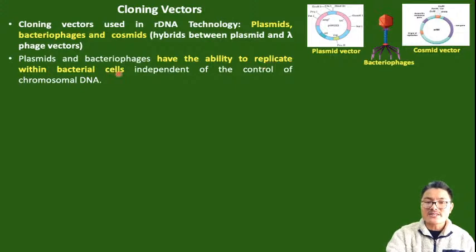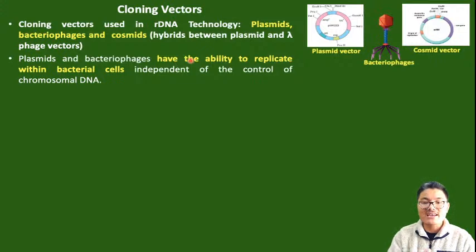In the case of plasmids, these are native small circular DNA. They are present within the bacterial cell earlier, and they can multiply many times. That's why we are using plasmids. Bacteriophages also have the ability to multiply thousands of times in a single bacterium without depending on other factors.